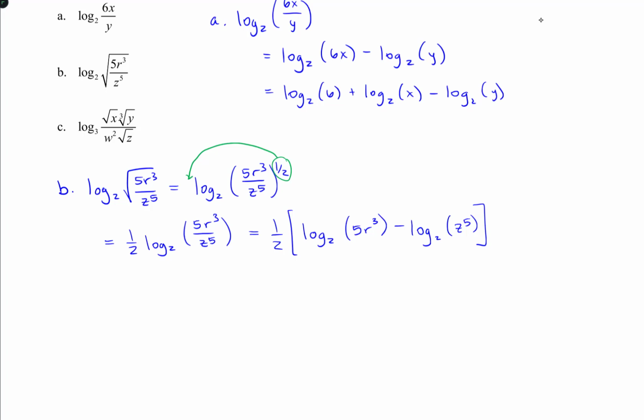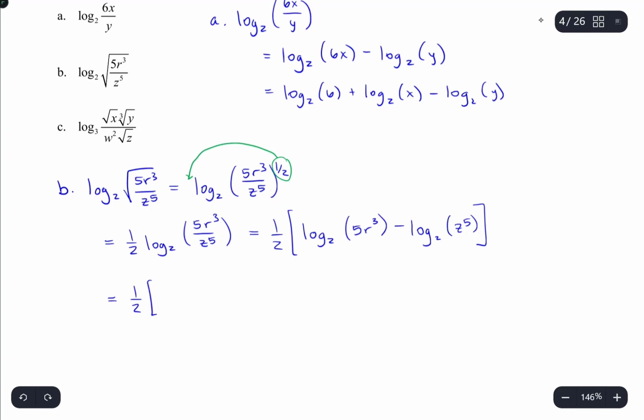Okay, so then the first term here has two things multiplied. So the next thing I could do is split those up into two logarithms that are added. So this would be log base 2 of 5 plus log base 2 of r to the third minus log base 2 of z to the fifth.